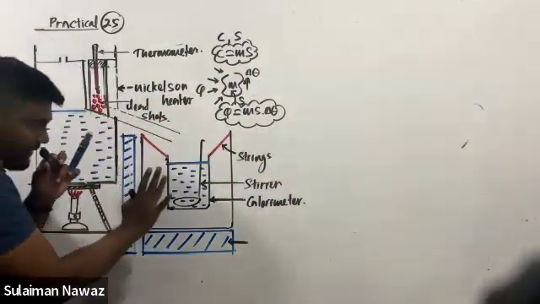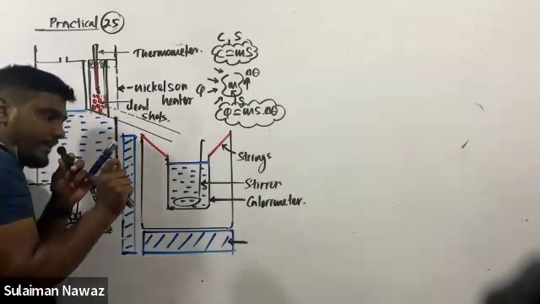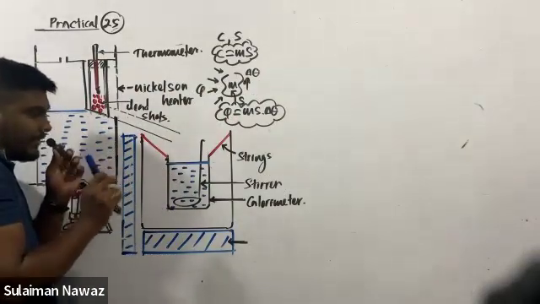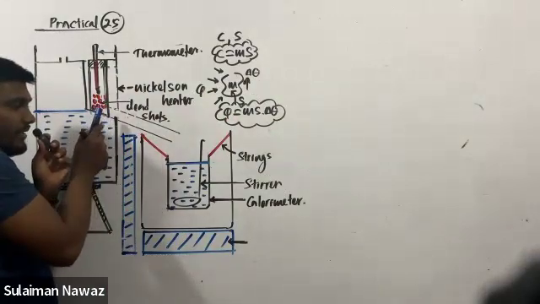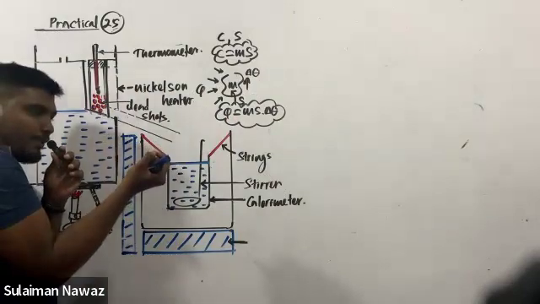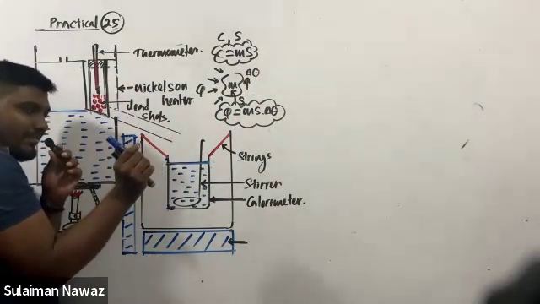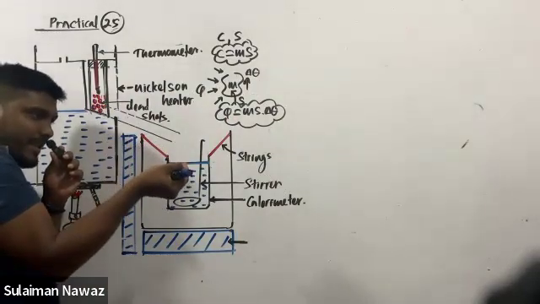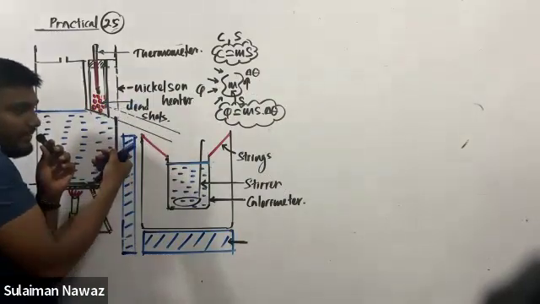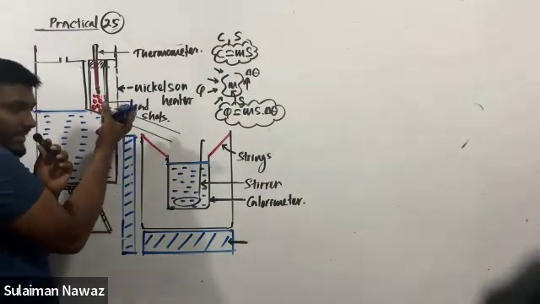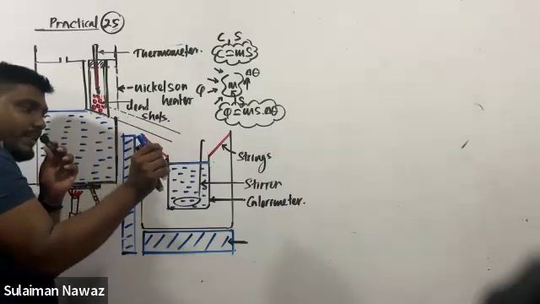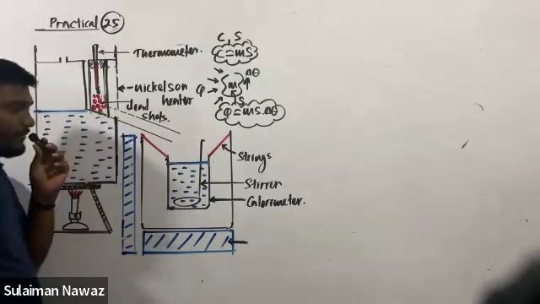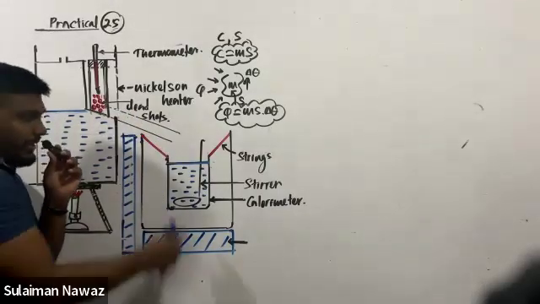Now in this practical, what I'm going to find is the specific heat capacity of these lead shots. Lead shot means small lead spheres. I want to find the specific heat capacity of this lead. So if this lead mass is my object, I want to find the specific heat capacity of the lead shots.